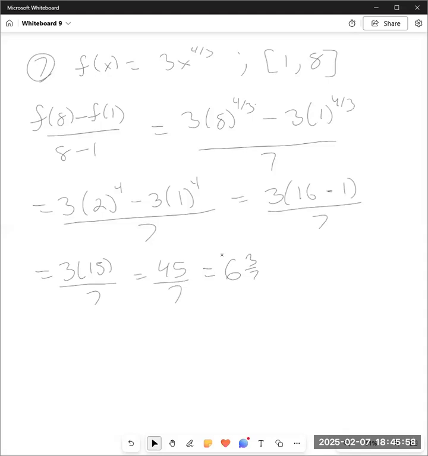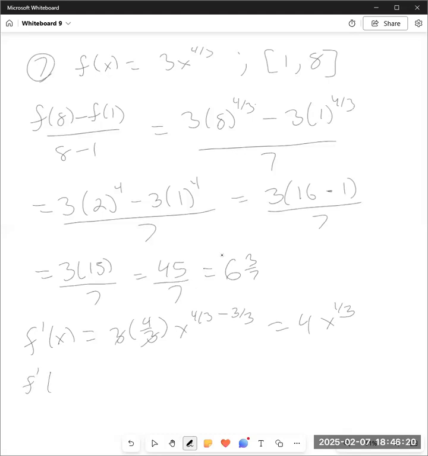So f prime here is 3 times 4 thirds x to the 4 thirds minus 1, which is 3 thirds. So that is 4x to the 1/3 power.